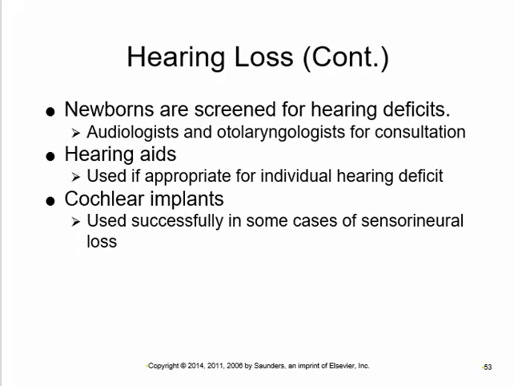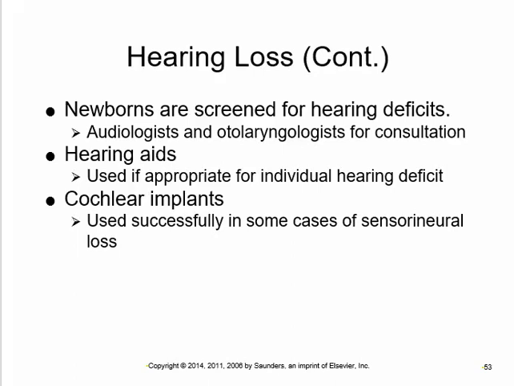We screen newborns for hearing deficits. People with hearing loss tend to wear hearing aids. They're very common, especially as people get older. If it's sensorineural, sometimes cochlear implants are used.